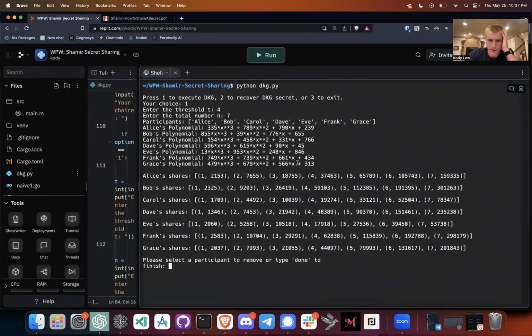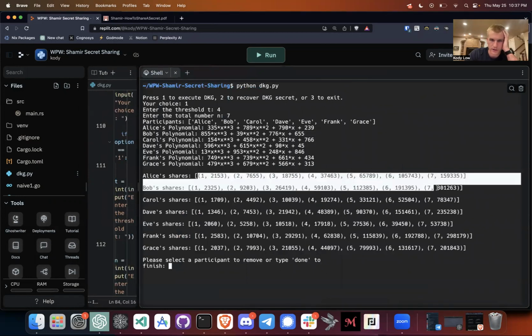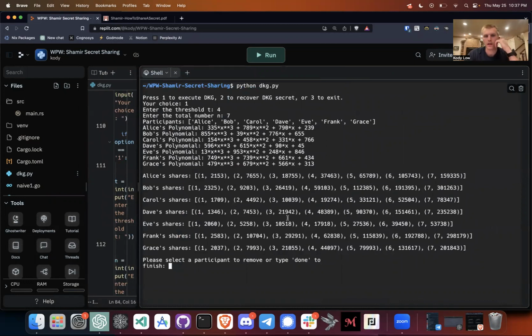They each generate a polynomial themselves, and then they generate these shares, and then they distribute the shares among each other, right? And after this, we're going to show how with DKG, you can actually dynamically update the group of who's in and who's out from a federation, right? But for right now, we're just going to finish it up, right?